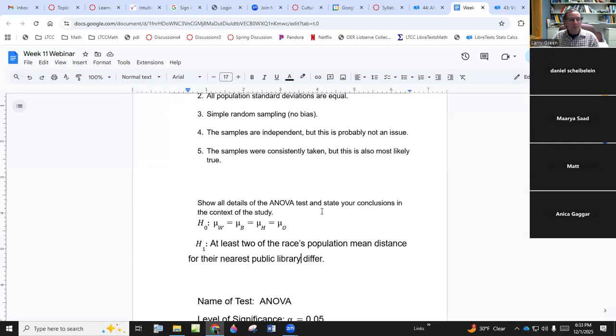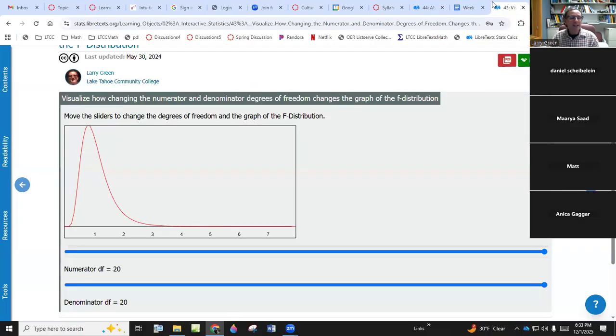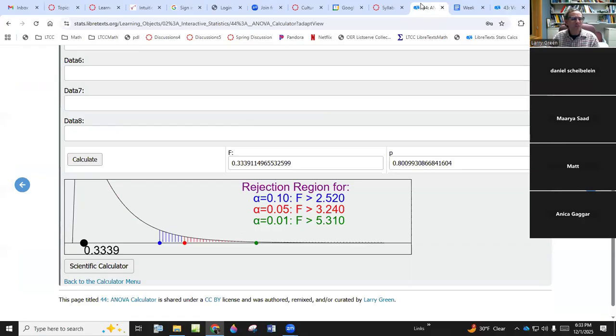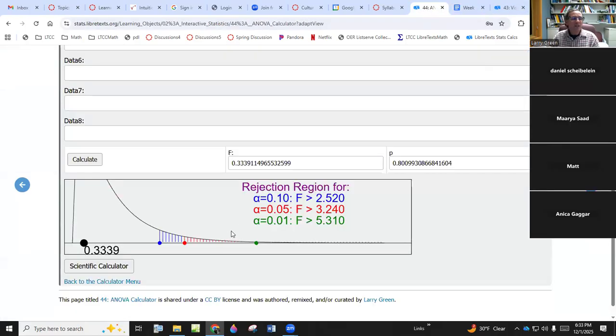Okay, so here's what we can do. We can write down the F again. F was 0.3339. And the p-value was 0.801.